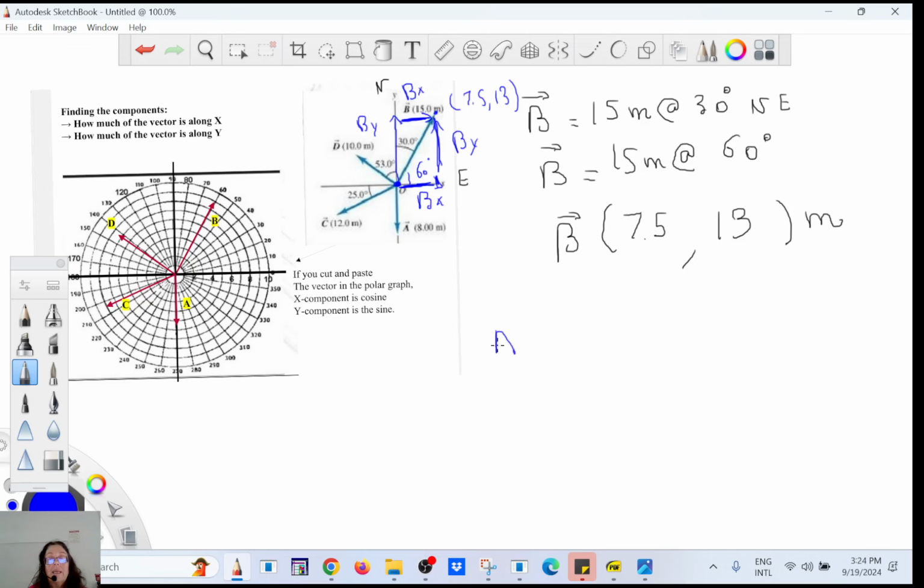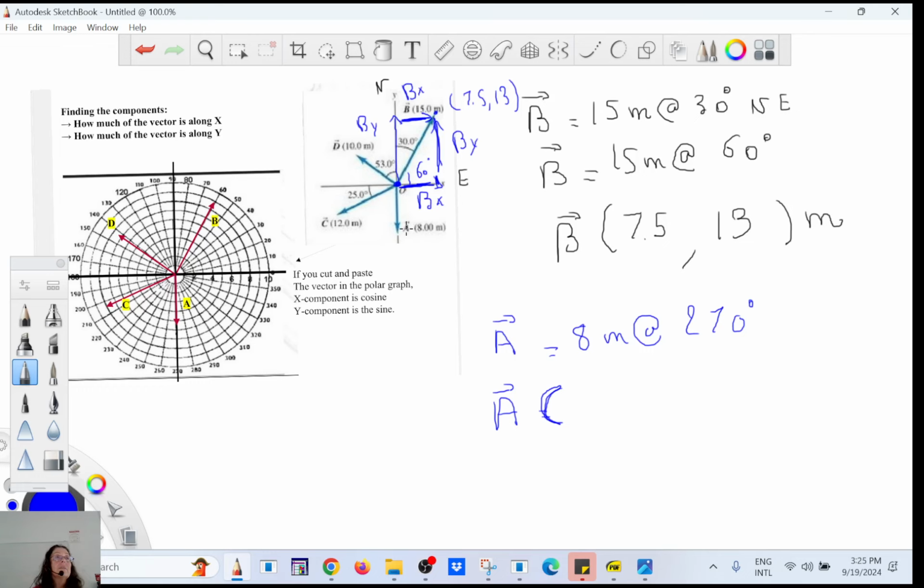So A, the magnitude is 8 meters. And down, what's that angle down? 270, right? And you see, it has no x component. You see that it has no x component? Okay, if you do 8 cosine 270, it's going to be 0 because it doesn't go right or it doesn't go left.